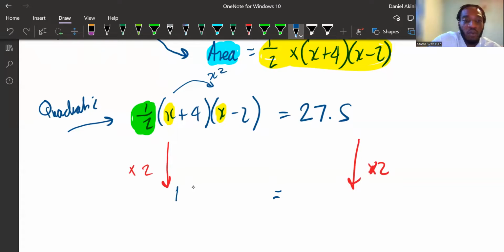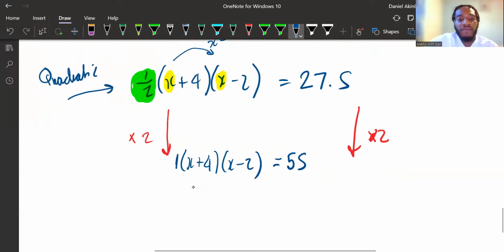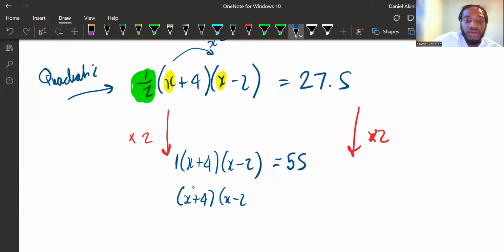So I would be left with 1 times (x plus 4)(x minus 2), and then 27.5 times 2 is 55. Remember, 1 is just times-ing by itself, so it doesn't change it. So I can just write this as (x plus 4)(x minus 2) is equal to 55.